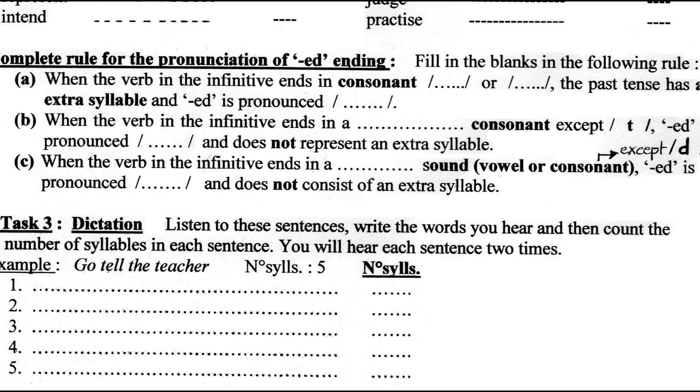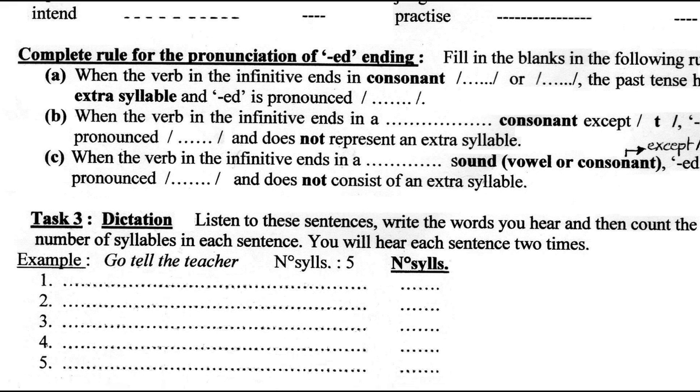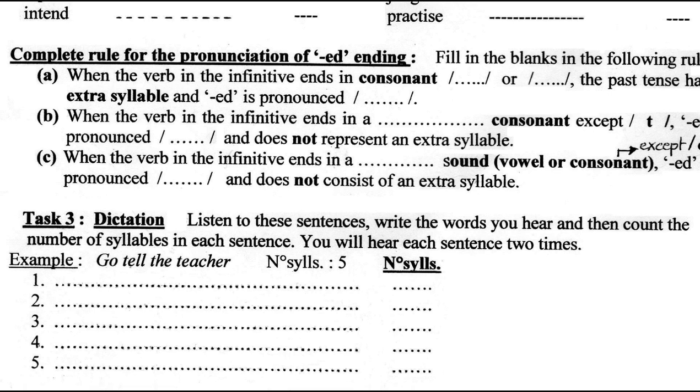It's a kind of dictation for you. You are going to listen to these sentences. You write the words you hear from me, and then you count the number of syllables in each sentence.